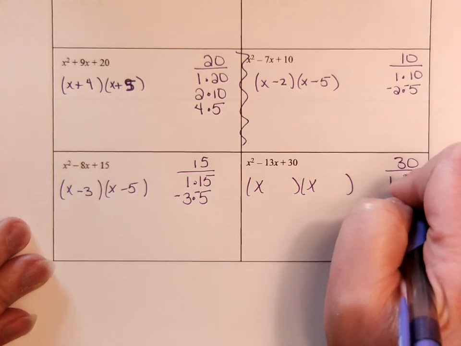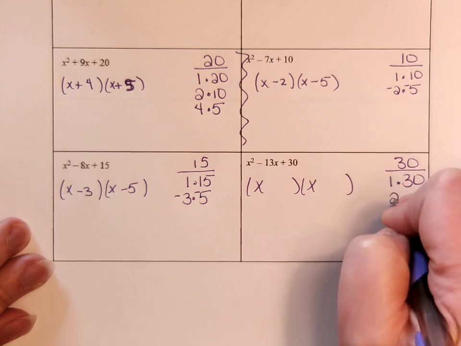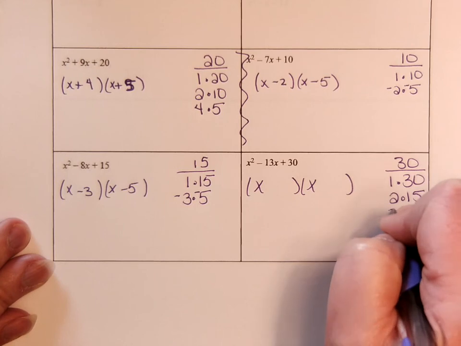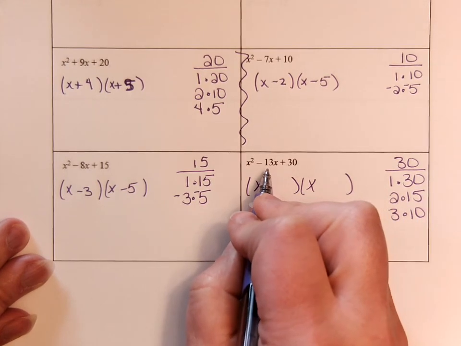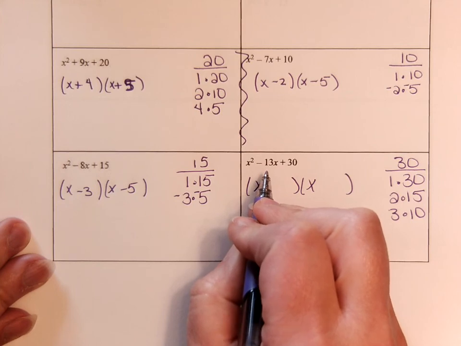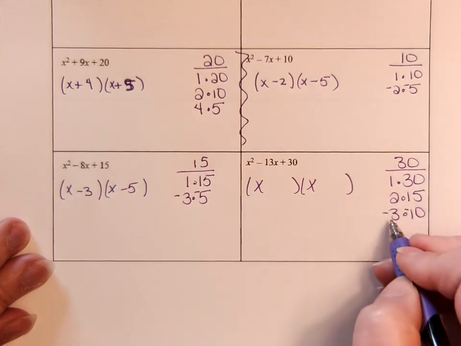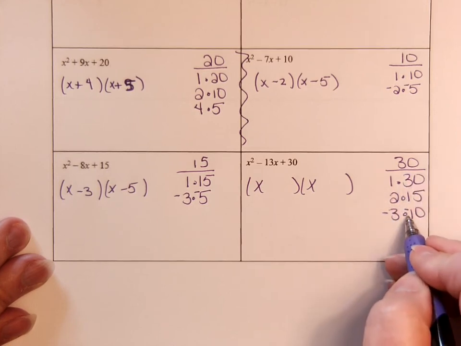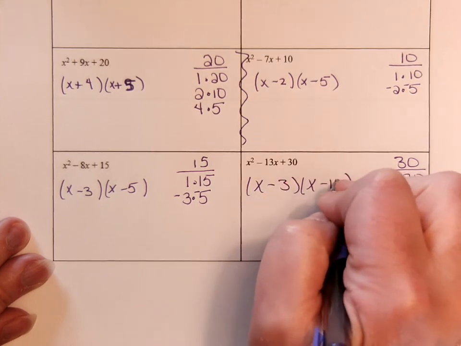So 1 times 30, well, that's going to be 31. 2 times 15, well, that's 17. 3 times 10, oh, there's our 13. But just like in these last two, we want them to be negative because a negative times a negative is a positive, but a negative plus a negative will give us that -13 that we want.